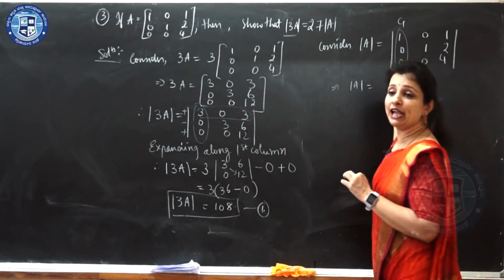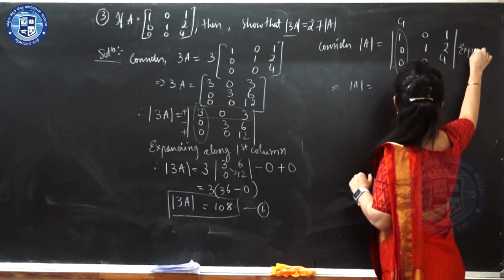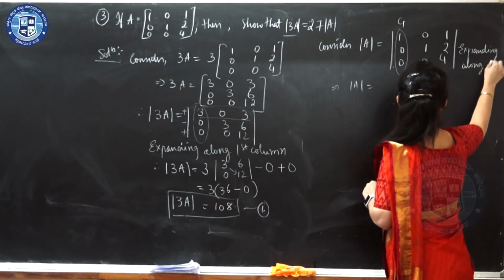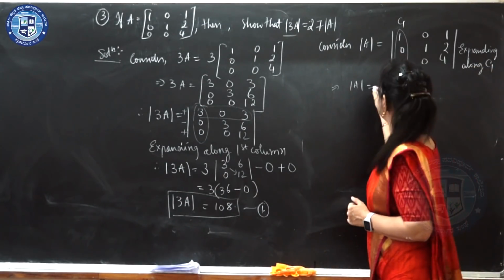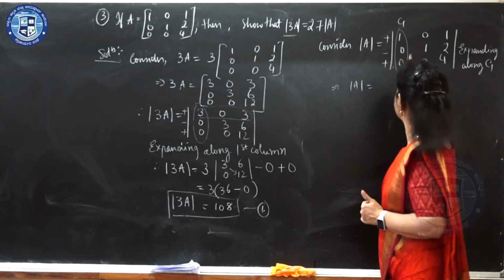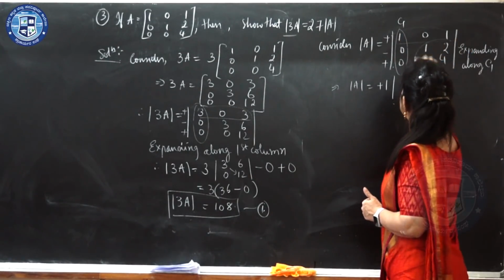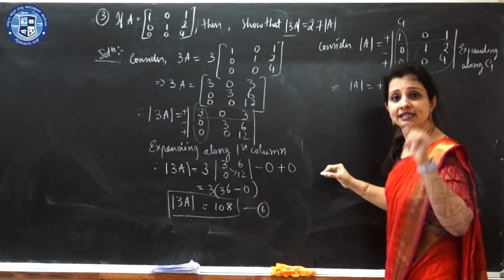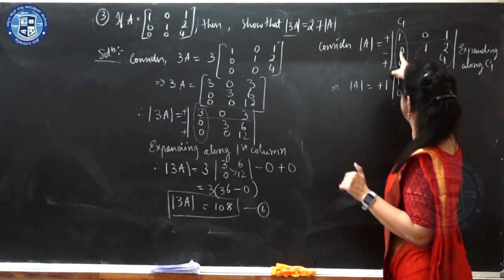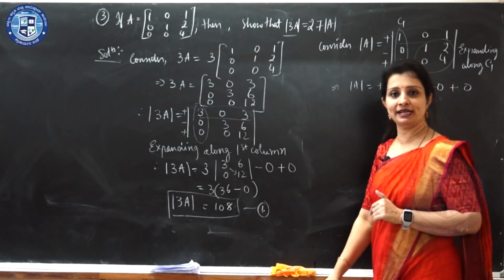So we will expand it along column 1, C1. We write the symbols plus minus plus, so it is plus 1 into, delete the row and column where 1 is, these 4 elements are written as a determinant, 1 2 0 4, then the second element is minus 0 plus 0, that turns to 0 itself.